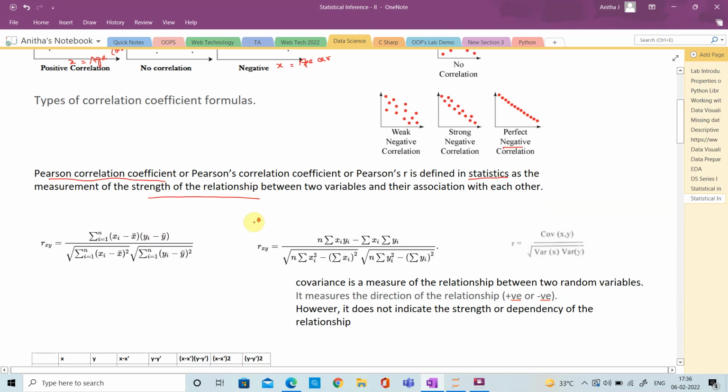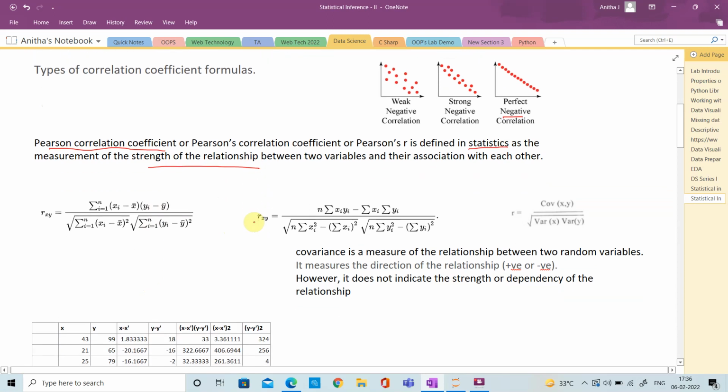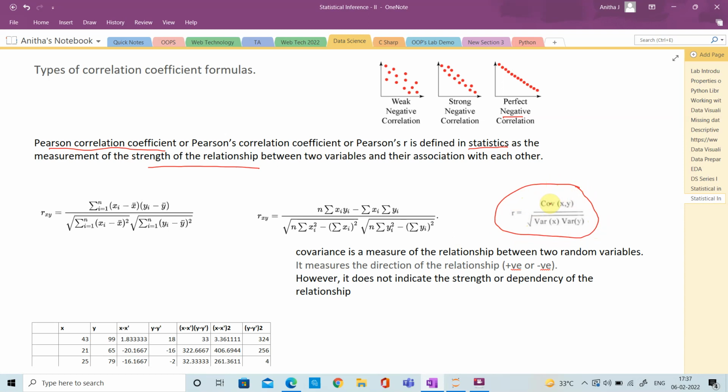There are various formulas you can use to calculate the Pearson correlation coefficient, but basically it is calculated based on the covariance. You know what covariance means: it also provides the relationship between the variables, but only the direction, either plus or minus, and it won't specify how strong the relation is.